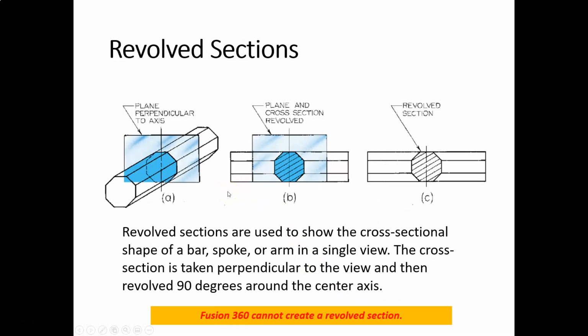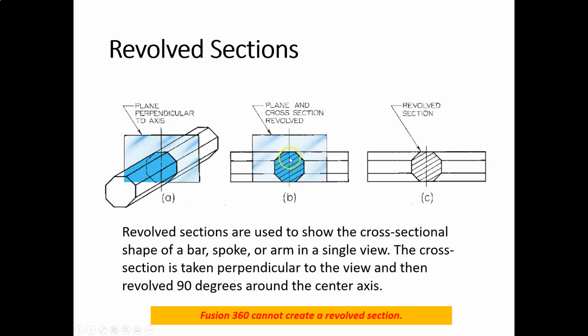So on to our, let's see, full section, half section, broken out section. Now we're on to our fourth type of section view, and this is a revolve section. A revolve section is done by creating a cutting plane that slices through the object, and then taking that section view out and putting it back in the view of the object.